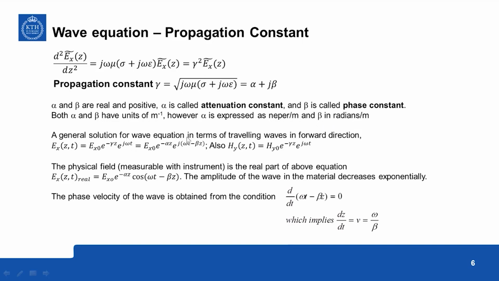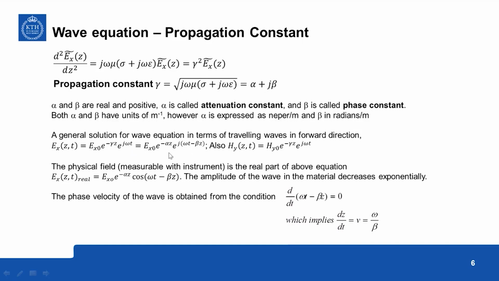Now, a general solution for the wave equation in terms of traveling waves in the forward direction is given by E as a function of z and t equals some magnitude value times e to the power of minus gamma z times e to the power of j omega t. Gamma can be expressed in terms of alpha and j beta.